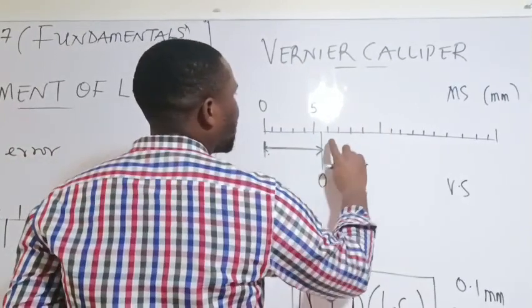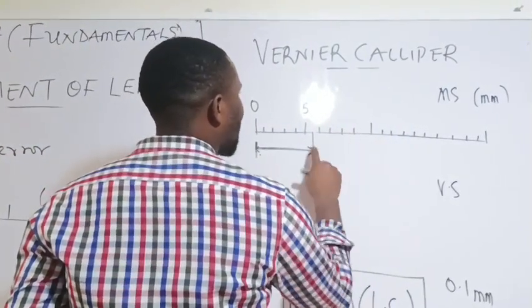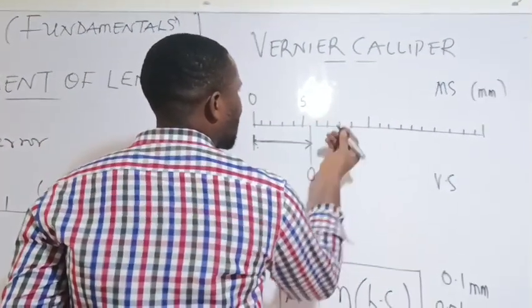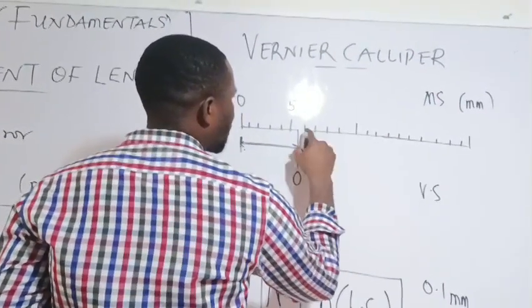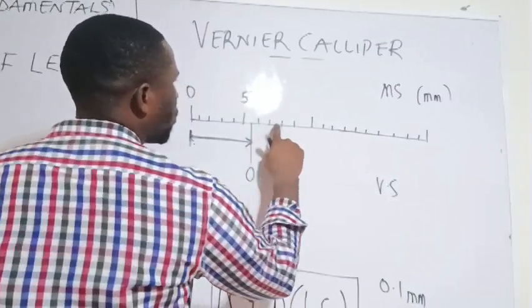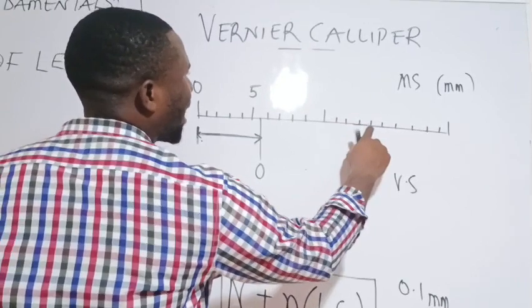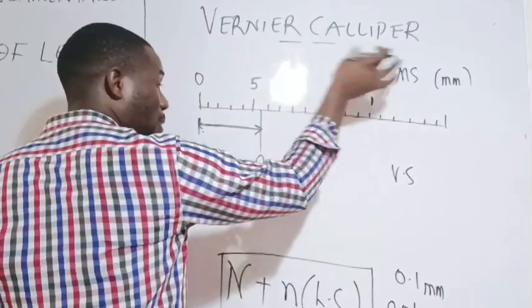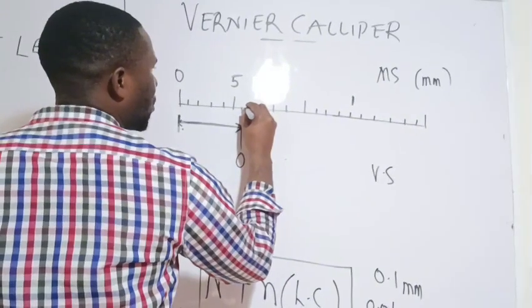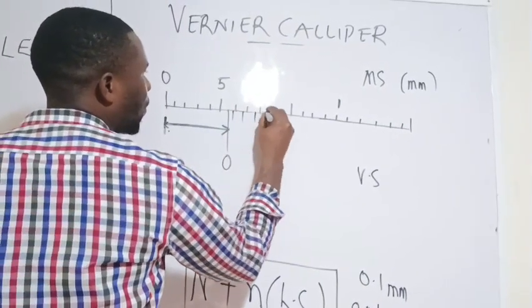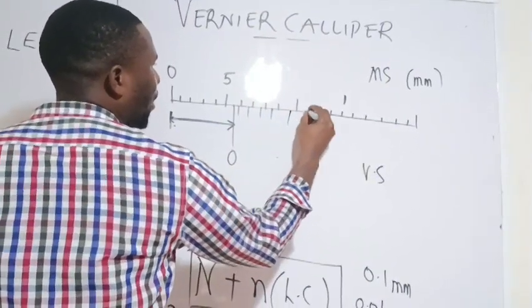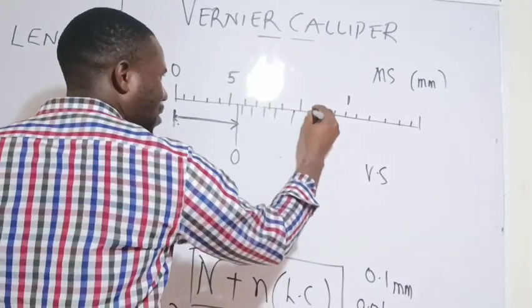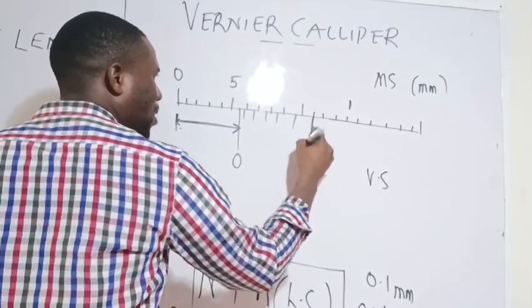Now let's say the Vernier scale has 9 divisions: 1, 2, 3, 4, 5, 6, 7, 8, 9. So I'm fitting 10 divisions on the Vernier to fit 9 divisions on the main scale. Let's say this is 1, 2, 3, 4, 5, and the 6th mark on the Vernier coincides with the main scale.